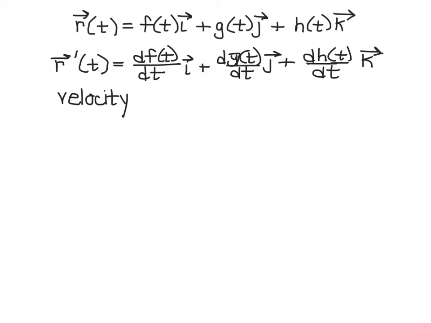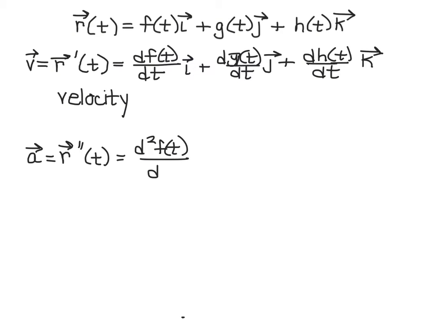And if we want the acceleration, we're going to take the second derivative with respect to time. So this is our velocity vector, and the second one is our acceleration vector.